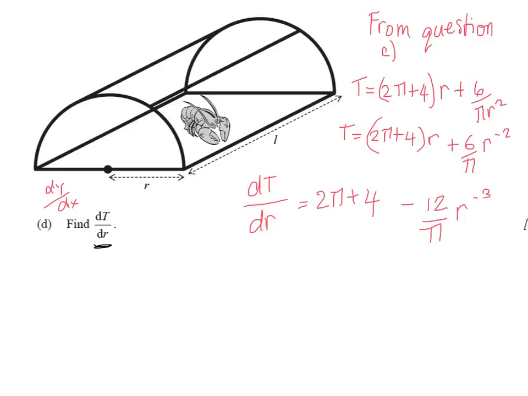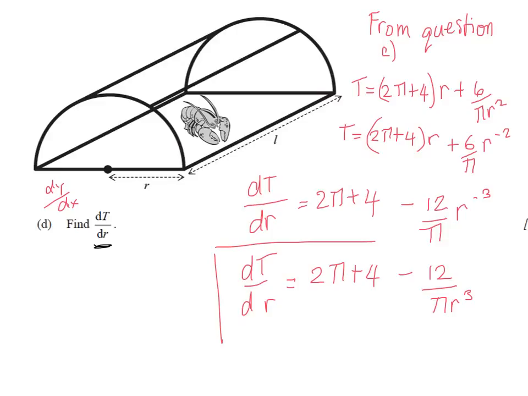Once that's done, we can pull back our r to the negative 3 back down to the denominator, and it will make our exponent positive once again. So 2 pi plus 4, just rewriting, minus 12 over pi r to the third. And that is our derivative.